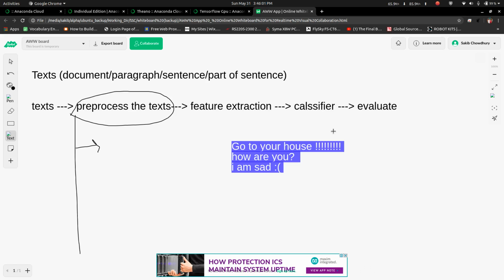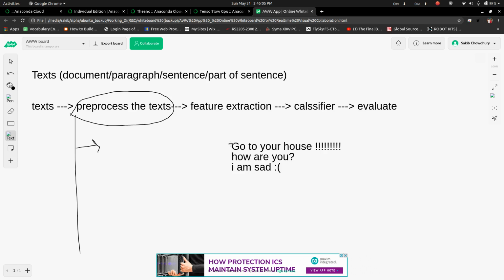We will have a bunch of texts. It can be a text where you have used a lot of punctuation which has nothing to do with the sentence. Let's say go to your house, so it's an instruction. Then how are you? This is a question.